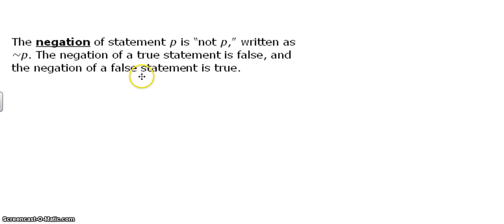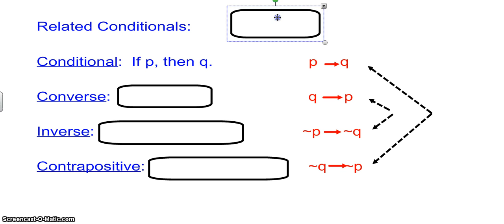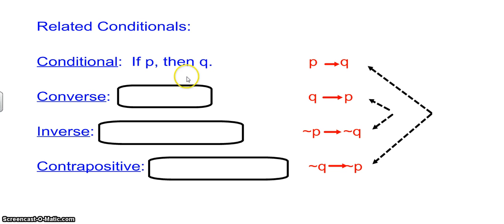The negation of statement P is not P, written as a single wavy line P. The negation of a true statement is false. If we have a true statement and we take its opposite, we're saying it's false, right? And the negation of a false statement is true. So these are called related conditionals. A conditional statement is exactly what we've said. If P, then Q, right? The converse of a conditional would be to switch the Q and the P. Turn the Q, the conclusion, into the hypothesis.